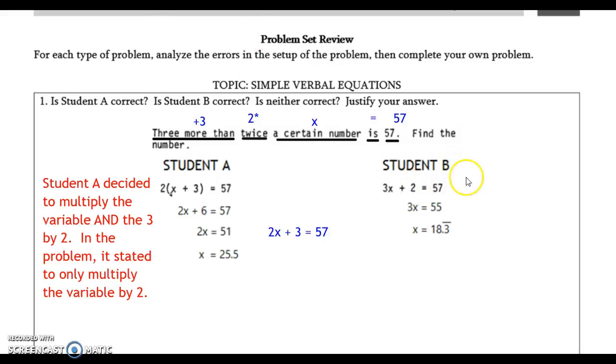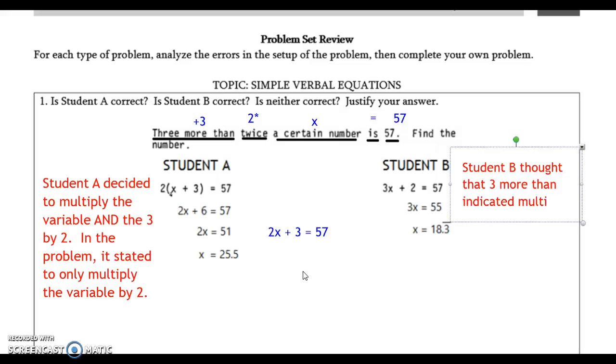And then for student B, it's fairly similar, except they got one different thing wrong. For student B, you can see that they multiplied by 3 and they added 2. So for student B, the problem was not choosing to multiply the whole thing by 2, but not understanding the vocabulary. Student B thought that 3 more than was supposed to multiply by 3, but in fact it means to add 3.